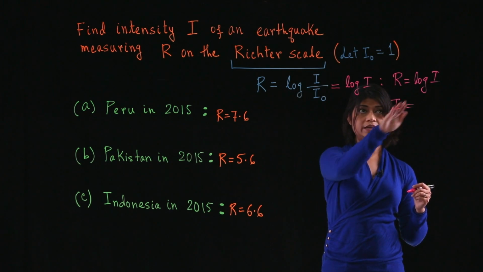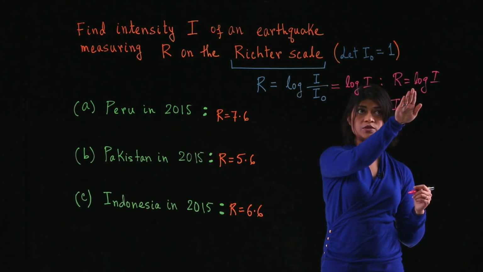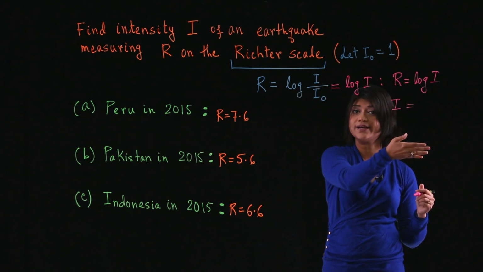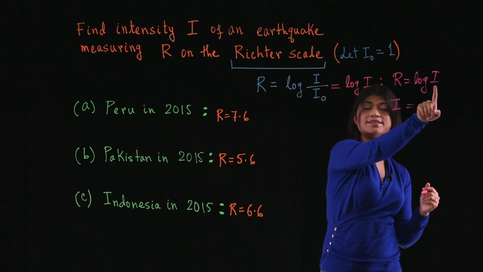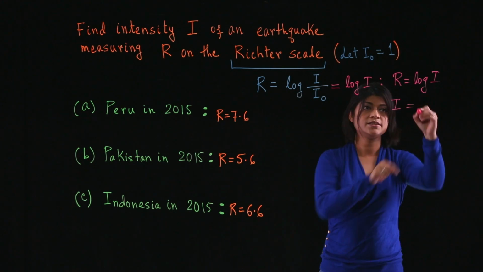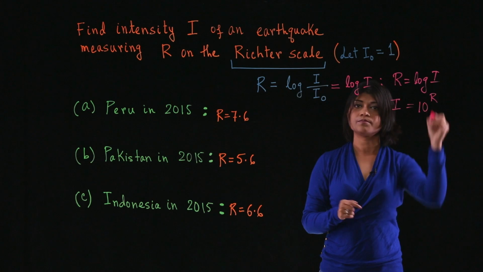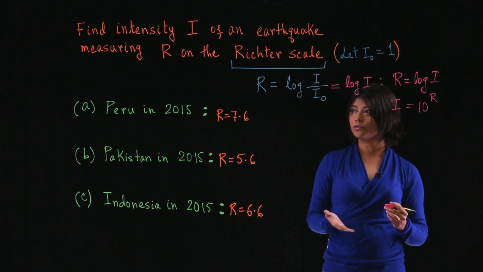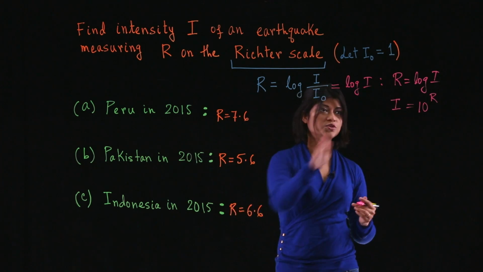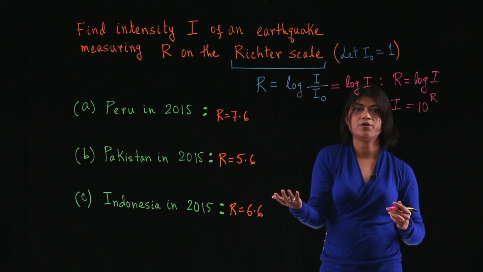This is a common logarithm, so its inverse is the exponential function 10 to the power x. So I equals 10 to the power R. Given various R, we just use this equation and we'll have our I.